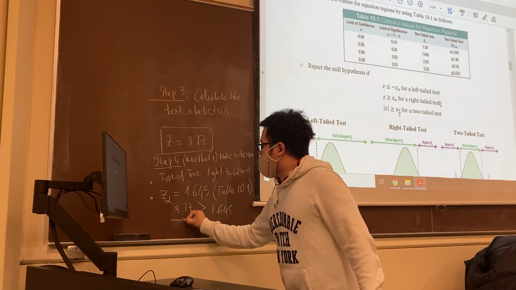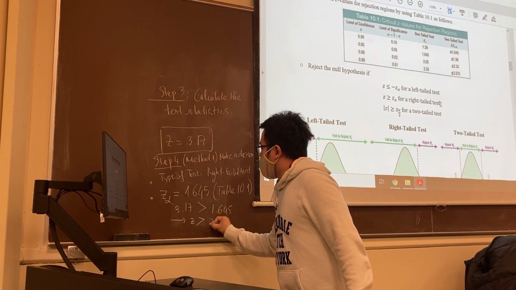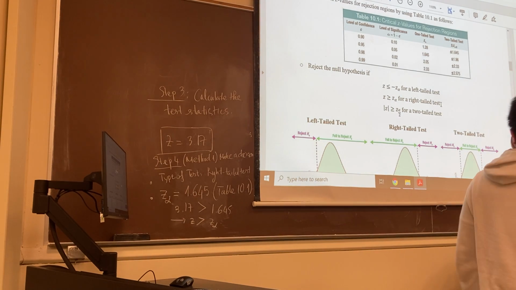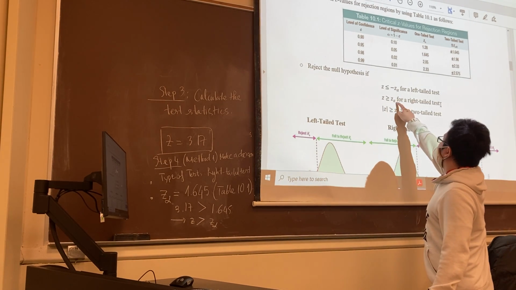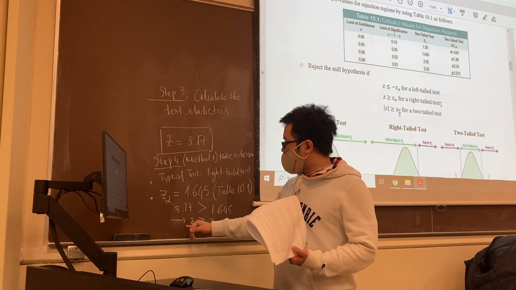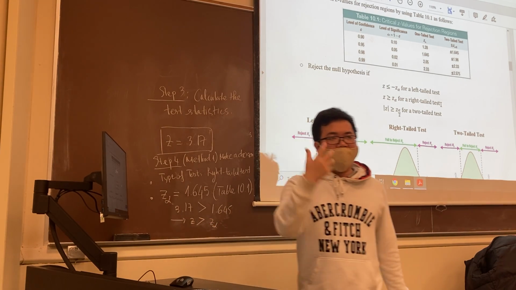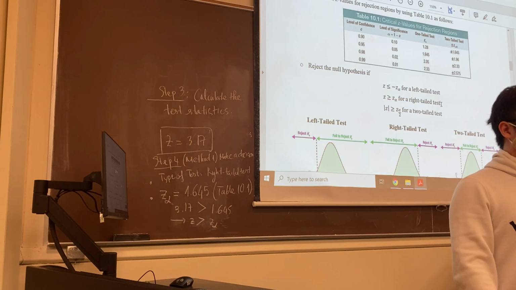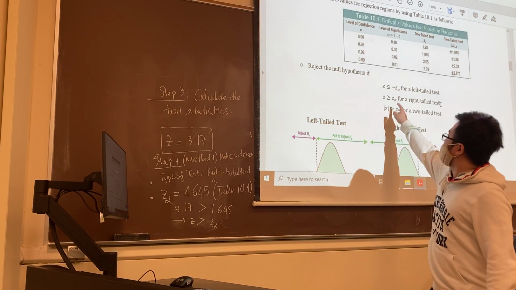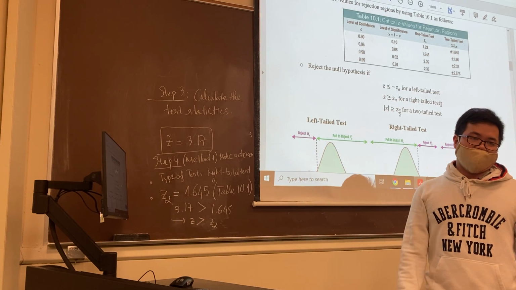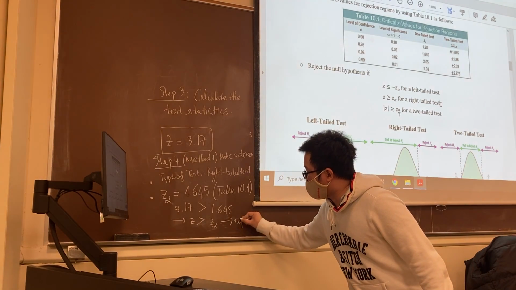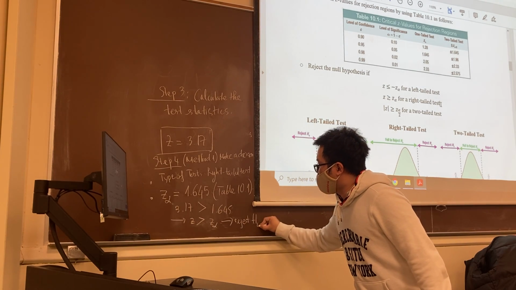That means z is greater than z alpha, so it satisfies the condition. And when z is greater than z alpha, we make the decision that we reject the null hypothesis. Is it clear? Because it satisfies this condition, the conclusion here is to reject the null hypothesis.